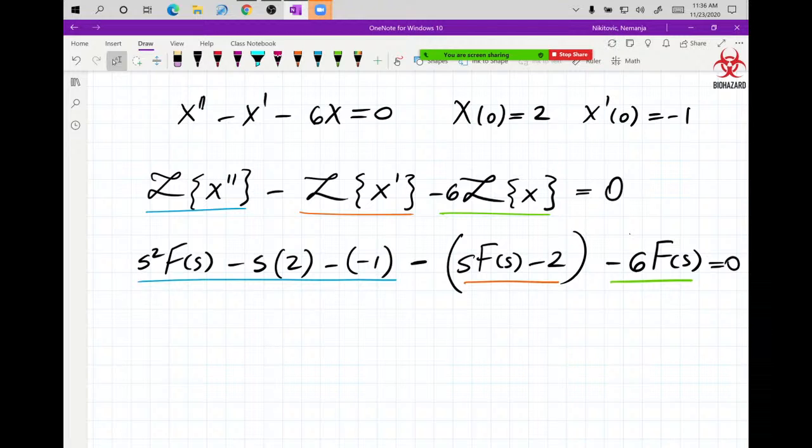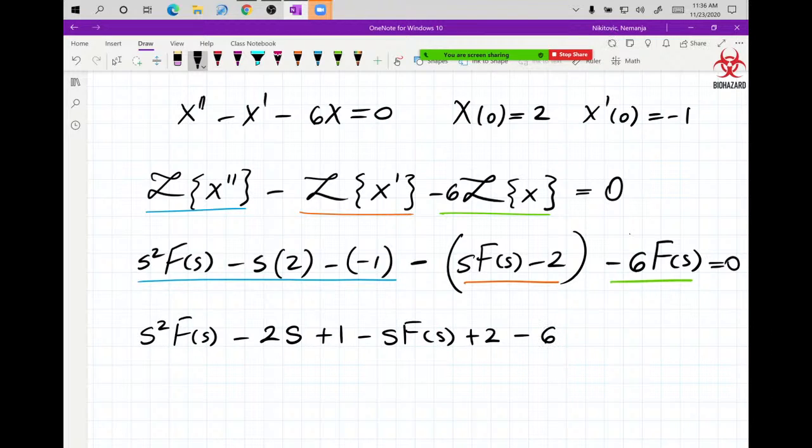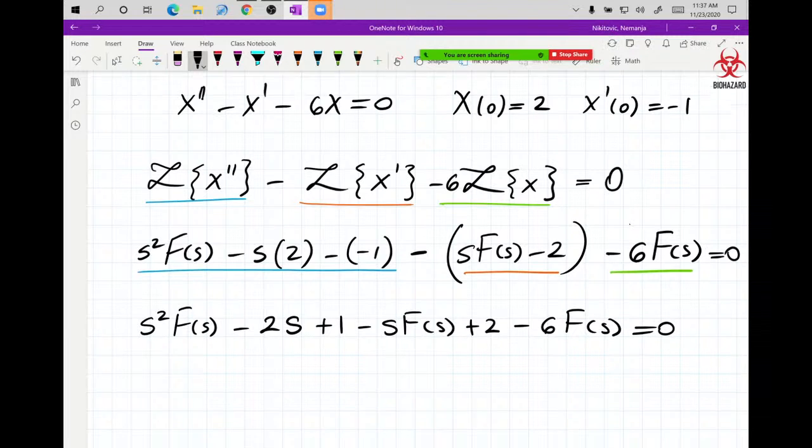So now I simplify this, remove parentheses. So now it's algebra. Minus 2s plus 1 minus s F(s) plus 2 minus 6 F(s) equal to 0.